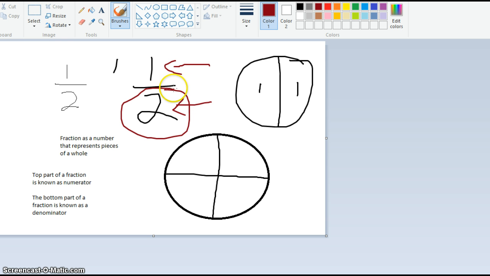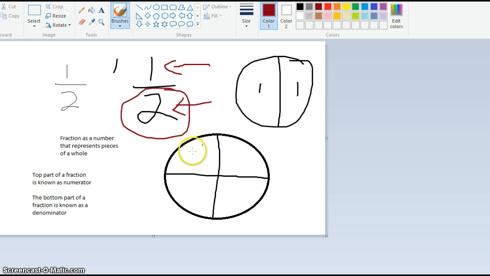So just to recap, when you look at a fraction, the top part is the numerator, and the numerator represents the number of pieces that we're talking about at this point in time. However, the denominator, the number on the bottom of the fraction, tells us how many pieces there are total in terms of the pieces that I'm looking at.